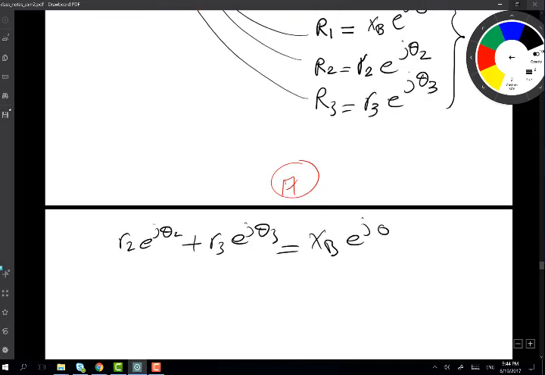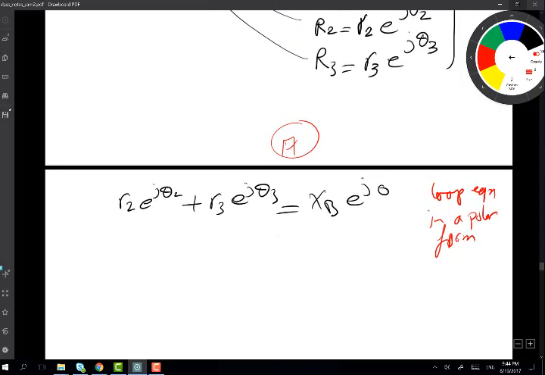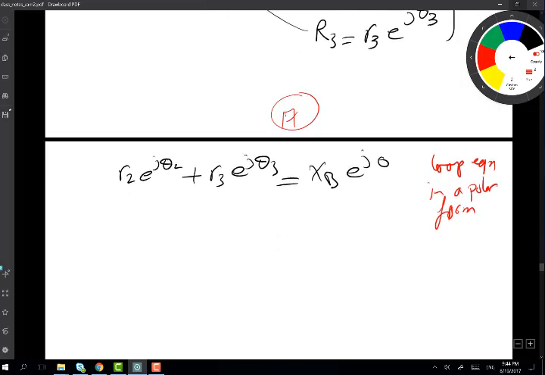Now I have my loop equation in polar form. My procedure is quite systematic, and you can apply it to different linkages and so on.